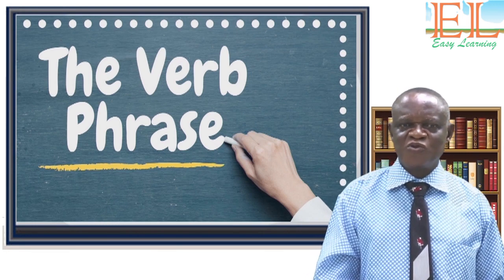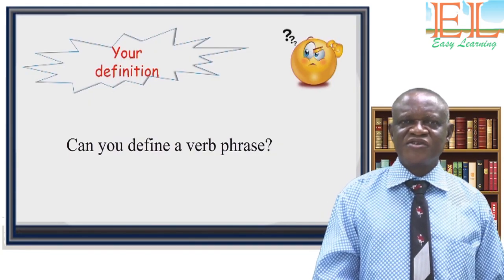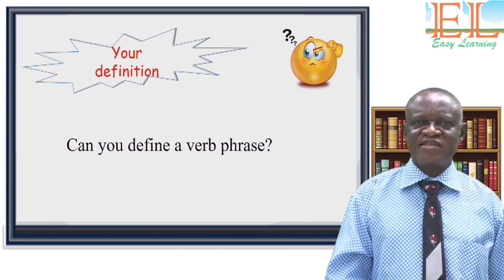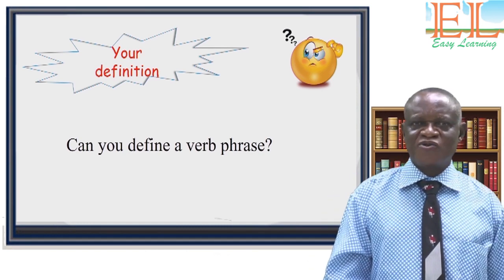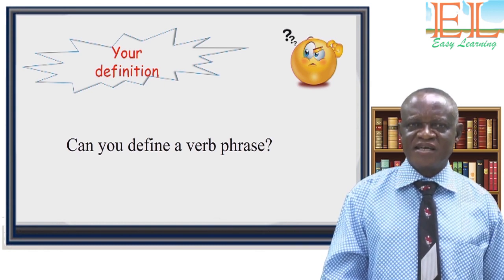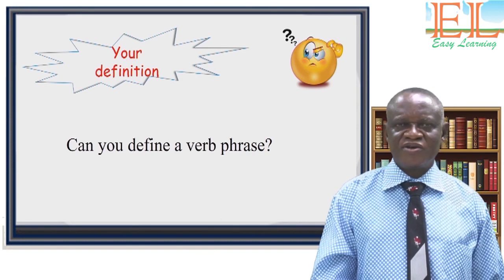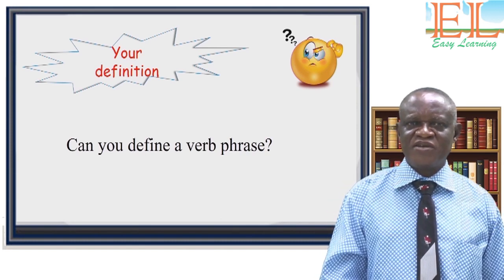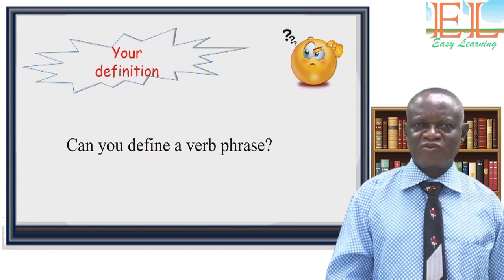In this lesson, we are going to look at the verb phrase, which is a critical element in sentences. In fact, the functions of the other elements in a sentence depend upon the verb phrase. So in a way, the verb phrase is a bridge in a sentence.